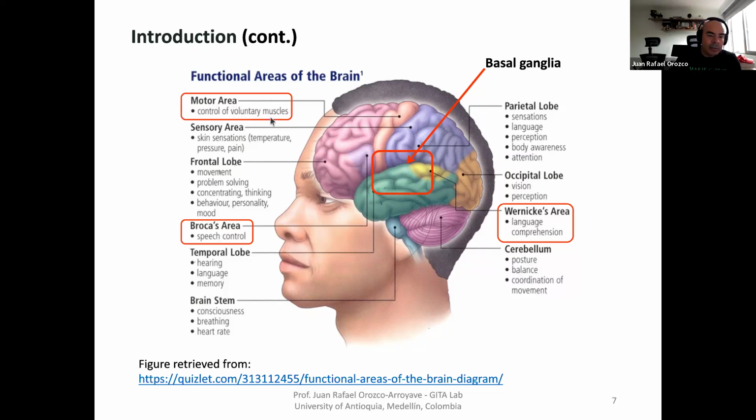One is the motor area, which is the common one: everybody sees people with Parkinson's disease and recognizes them because of the trembling or the freezing of gait symptom. But also Broca's area, which is in charge of speech control, gets affected. And Wernicke's area, which has to do with language comprehension and production, is less studied, or let's say it started to be studied about 10 years ago. But it is definitely affected because it's exactly around the basal ganglia area in the brain.